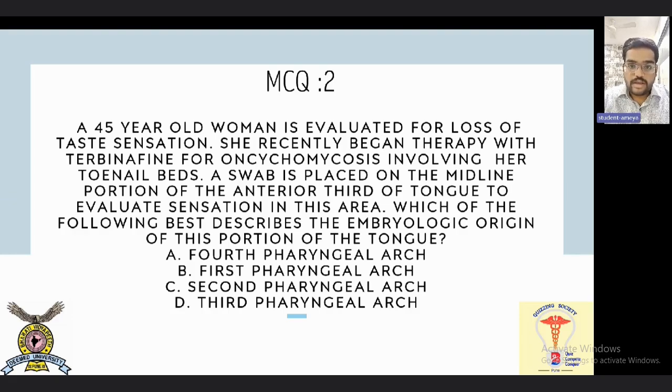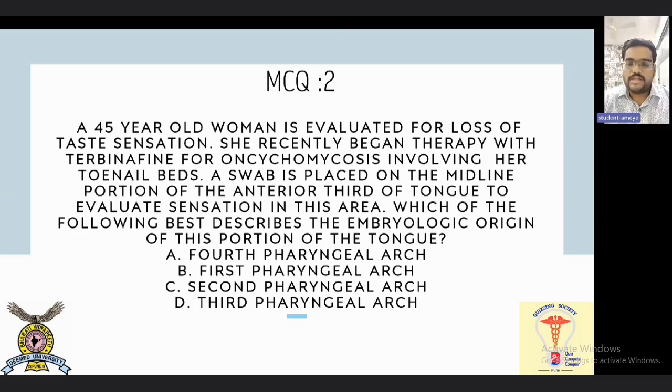Agreed. So the anterior part of tongue develops from two lateral lingual swellings and one midline swelling. Now that midline swelling is called the tuberculum impar. Now what happens is, as time progresses, these two lateral swellings fuse into that one single midline swelling, because of which there is a single projection or a single structure.